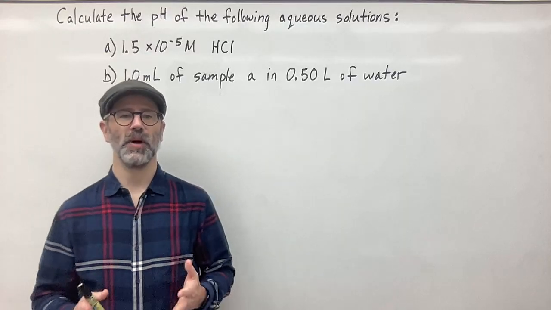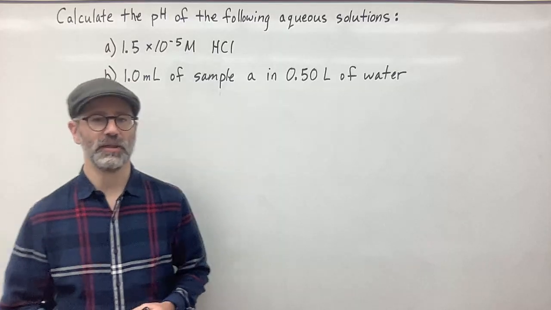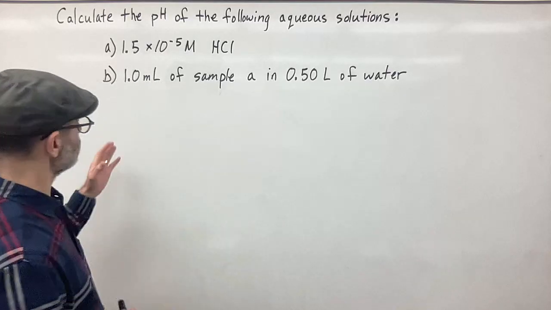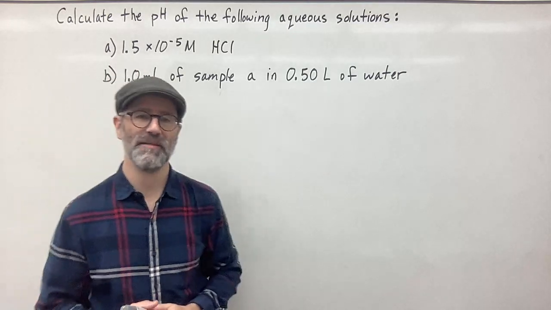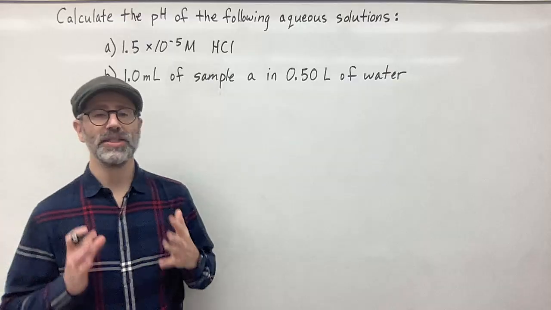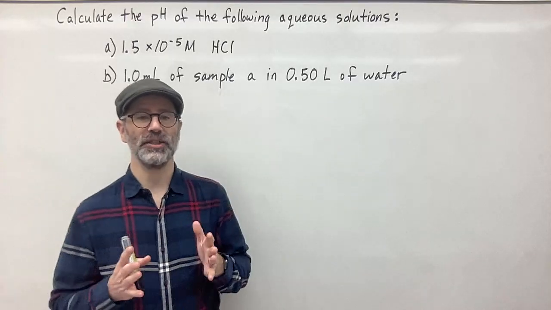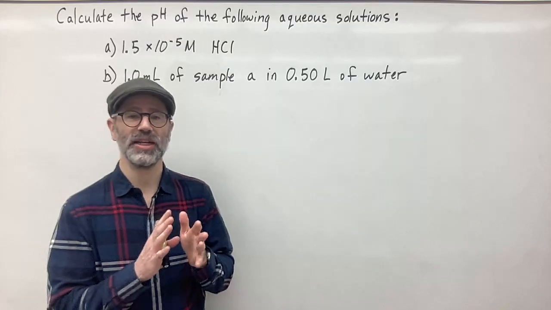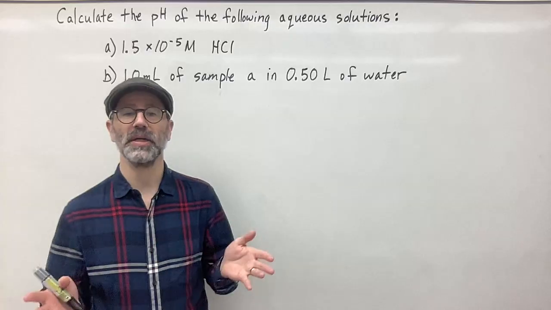Okay, so in this problem, we're asked to calculate the pH of the following aqueous solutions. The first solution is 1.5 times 10 to the negative 5 molar HCl. Now, HCl is a strong acid, so we know that the HCl is going to completely ionize in water. That's what it means to be a strong acid.